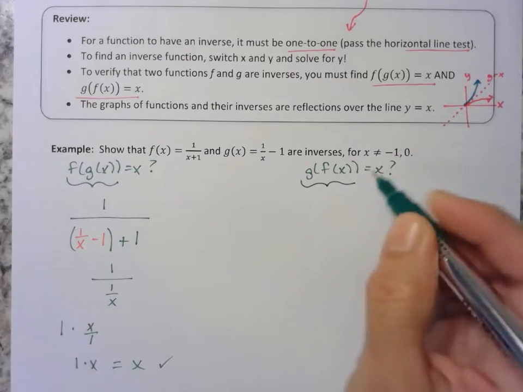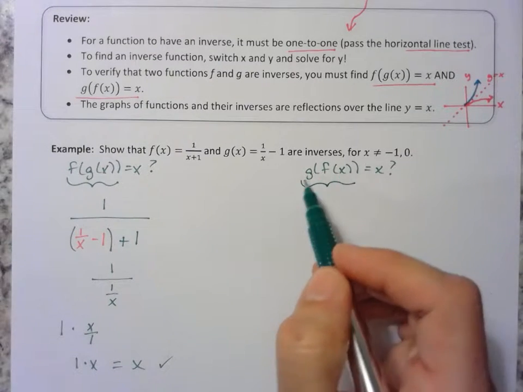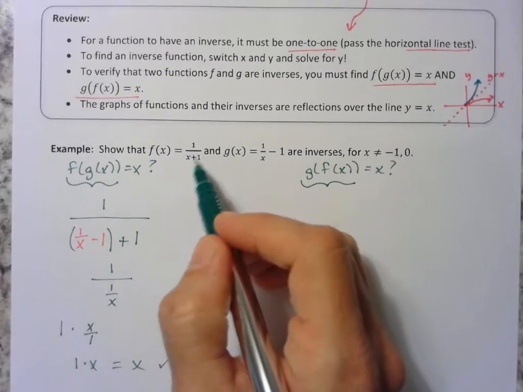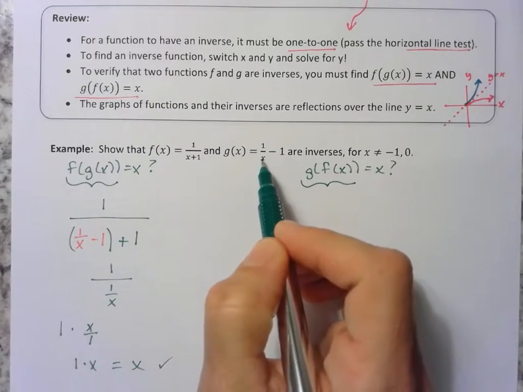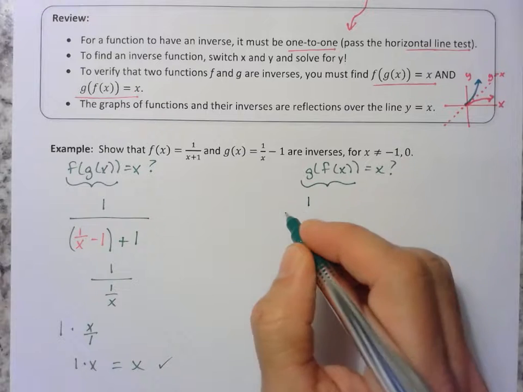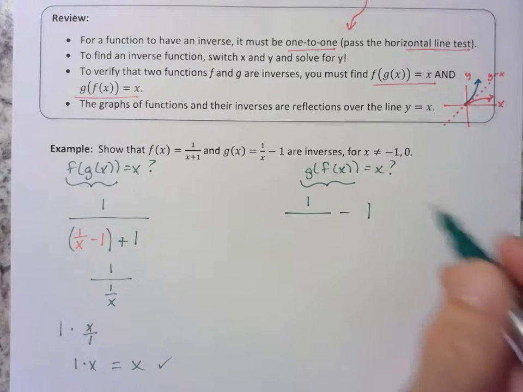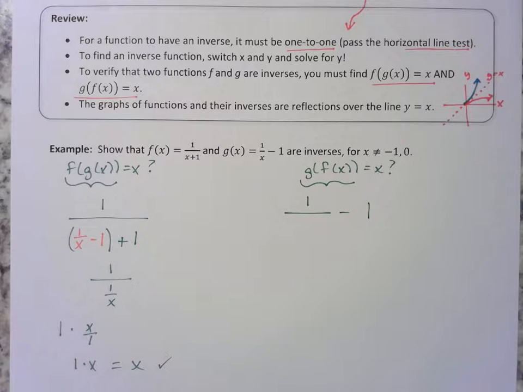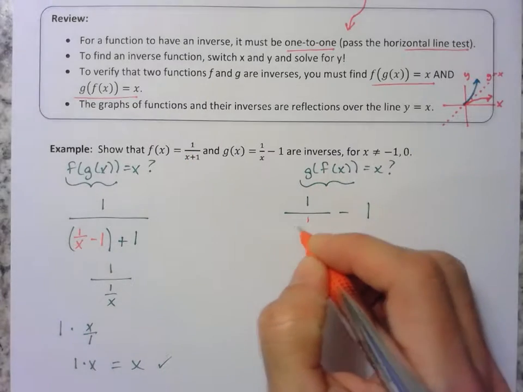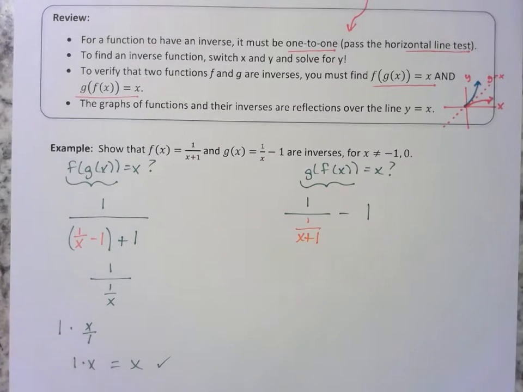This time we put f inside g. So we take all of this and we put it in for x over here. So we have 1 over something minus 1. And that something is f. And f is 1 over x plus 1. Now we have to simplify this one. So we have this big fraction again.